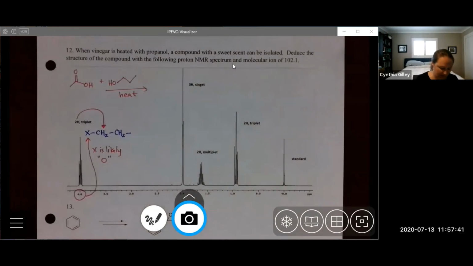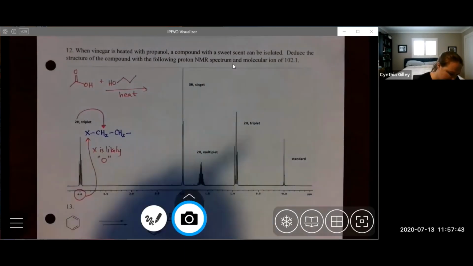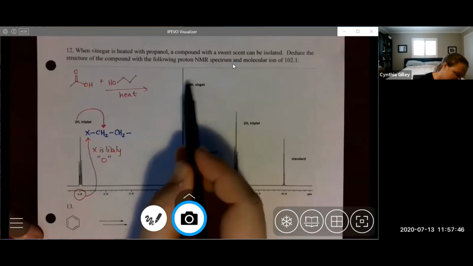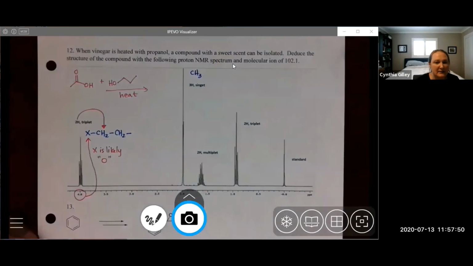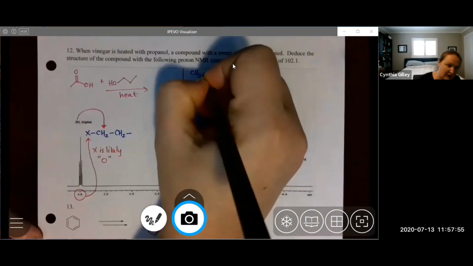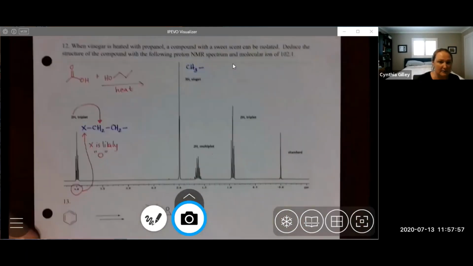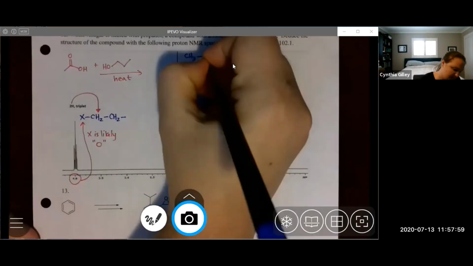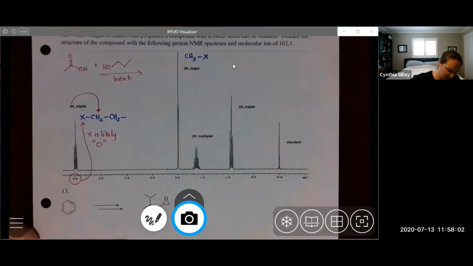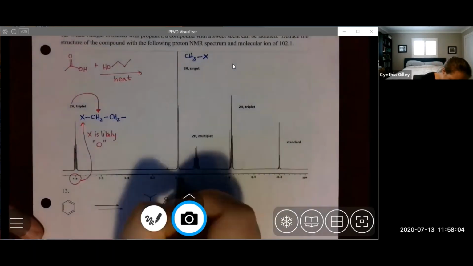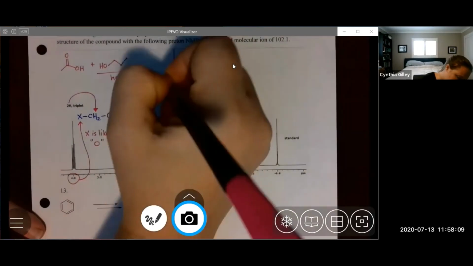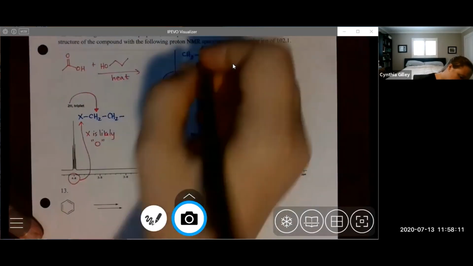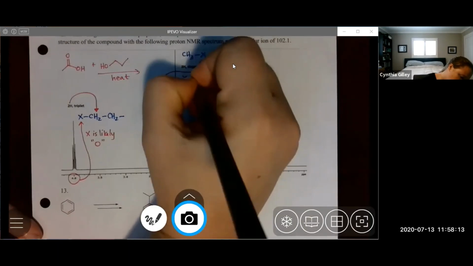Okay, so then looking at the next signal here, we have 3 hydrogens. I'm going to write CH3. It's a singlet, so it doesn't have any neighbors. And so you could put X, right? No neighbors. But then if we think about the chemical shift being close to 2, the chemical shift is telling us that X is probably a carbonyl.